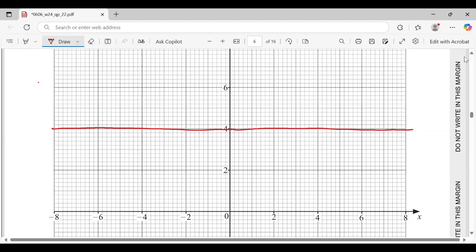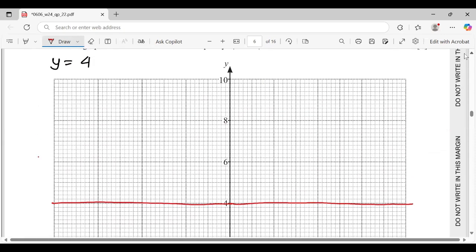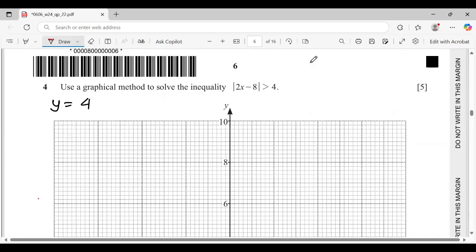Okay, after that, I'm going to find the intercept point on the y-axis. It means x equals 0. If x equals 0, for this function y equals modulus 2x minus 8, when x equals 0, y equals modulus minus 8, and it is 8.